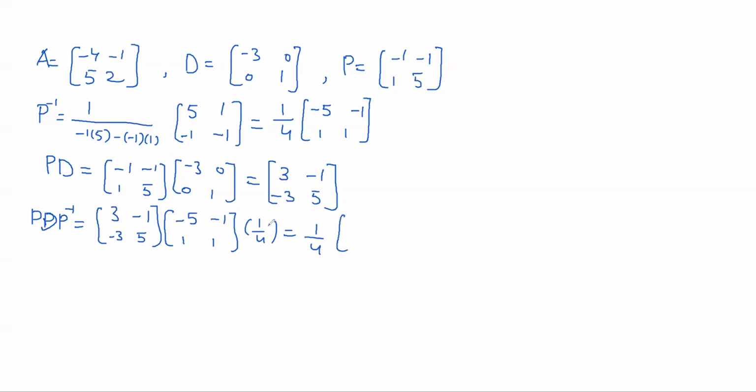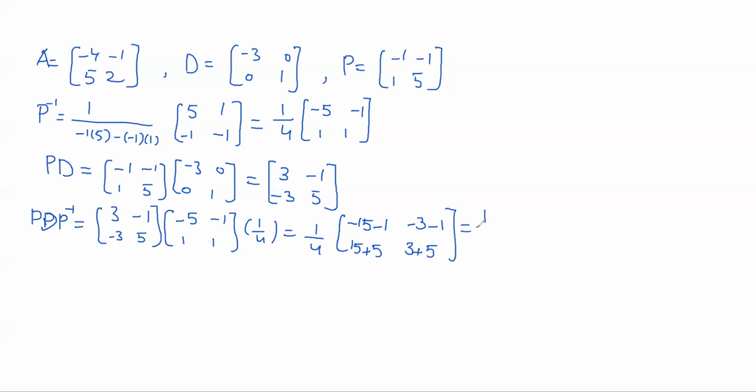So 3 times minus 5 is minus 15. Minus 1 times 1 is minus 1. Then 3 times minus 1 is minus 3, and minus 1 times 1 is minus 1. Here minus 3 times 5 is 15, and 5 times 1 is 5. Then minus 3 times 1 is minus 3, and 5 times 1 is 5.